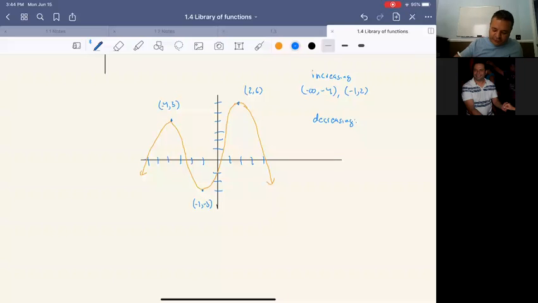So negative 4 to negative 1. And then again, at 2, it starts decreasing again, and it just keeps on decreasing forever. So from 2 to infinity.